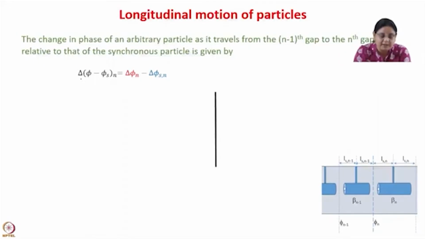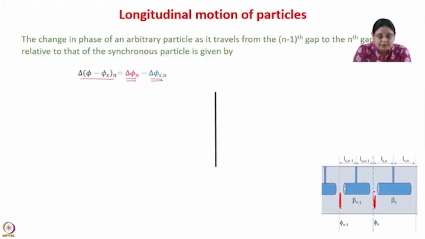So we can write that as delta phi minus phi s n. So this is the change in phase of an arbitrary particle as it moves from the n minus 1th gap to the nth gap. How much is the change in phase of that particle as it reaches this gap with respect to the synchronous particle? So this becomes equal to delta phi n and delta phi s n.